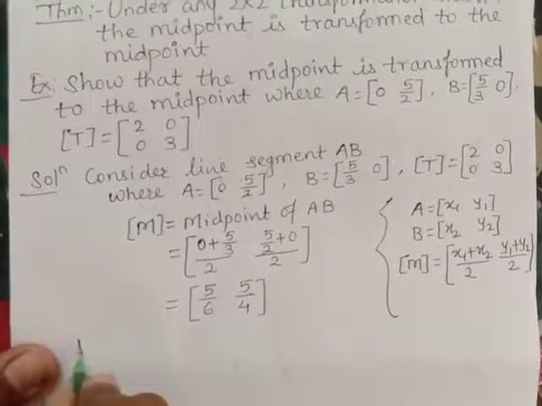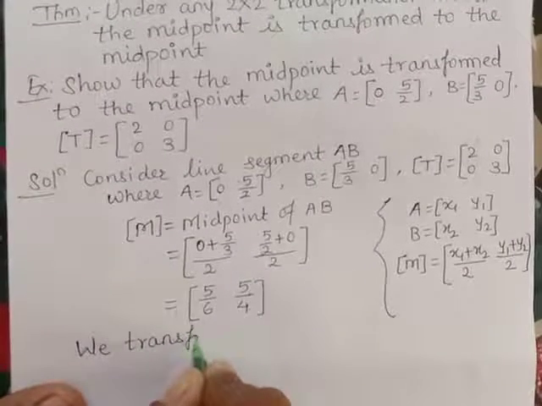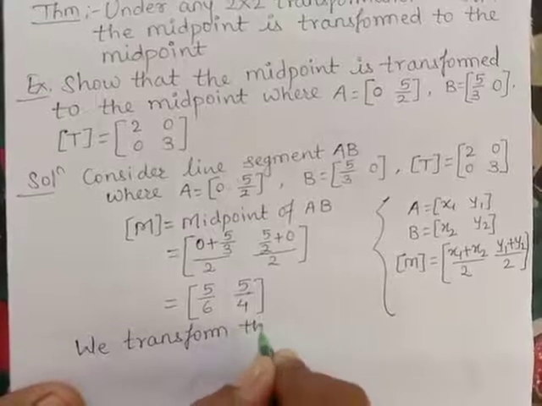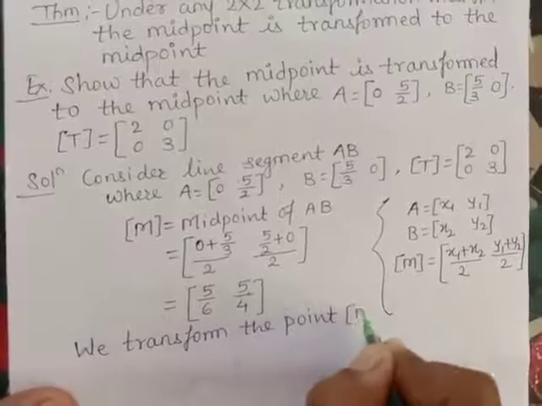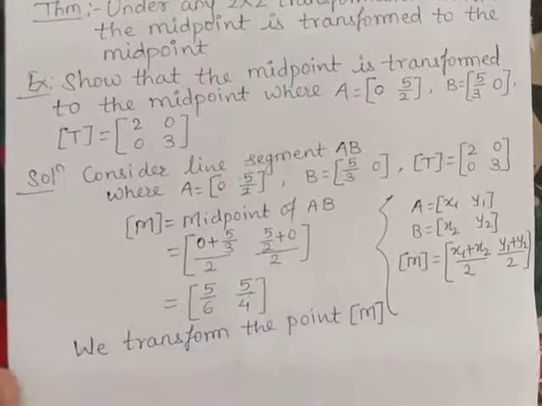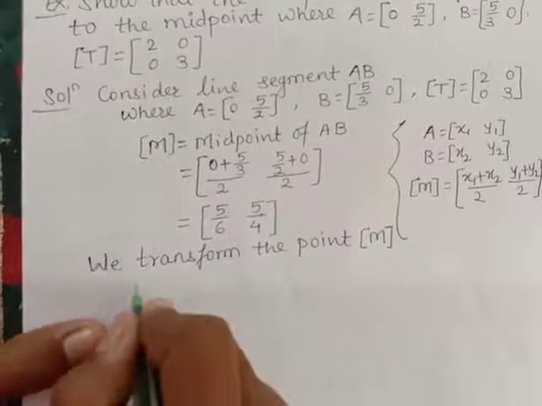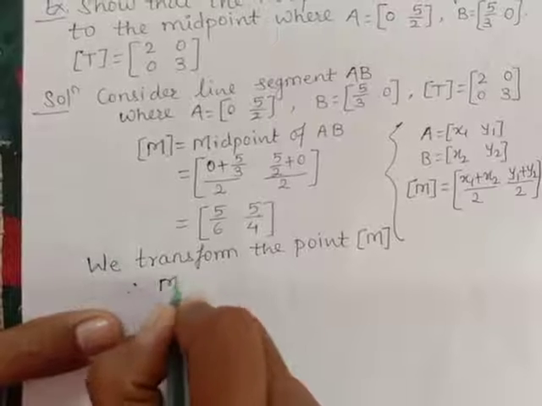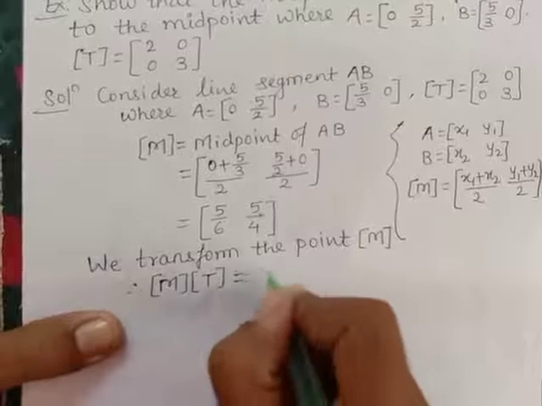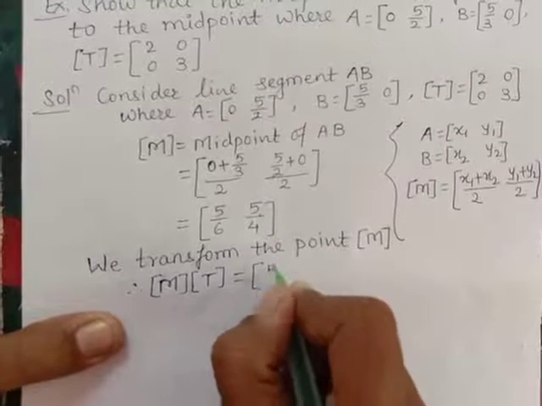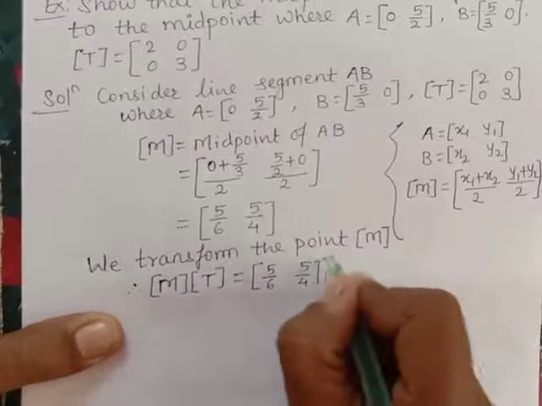Now we transform the point M. Let us transform the point M first. Check what is the result. Now point M will be transformed. How is it possible? It will be obtained by applying T on M. So M is 5/6, 5/4, and what is T?